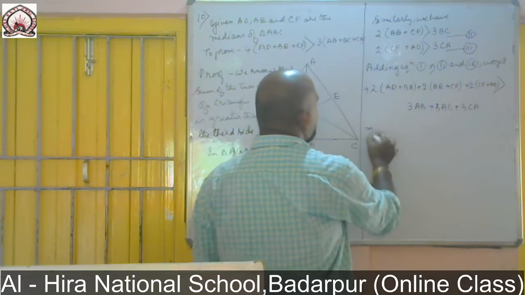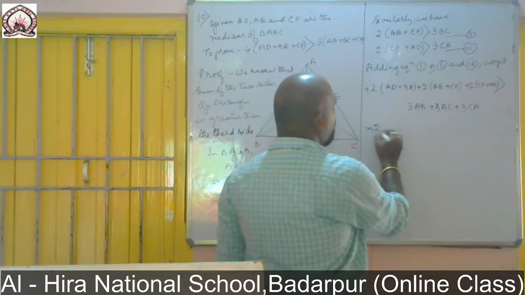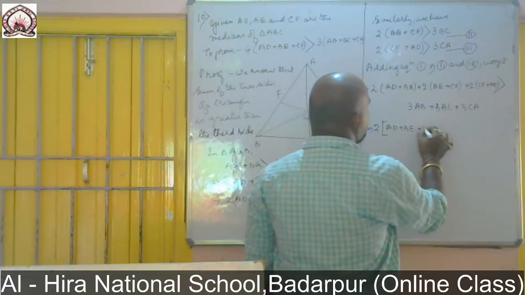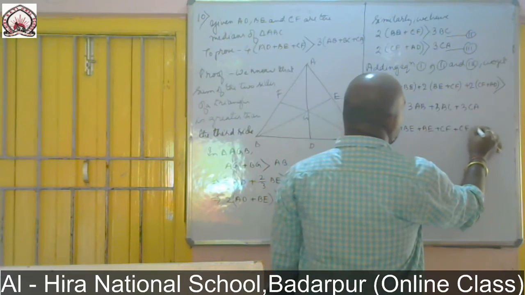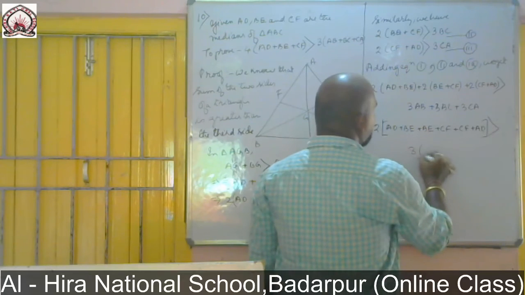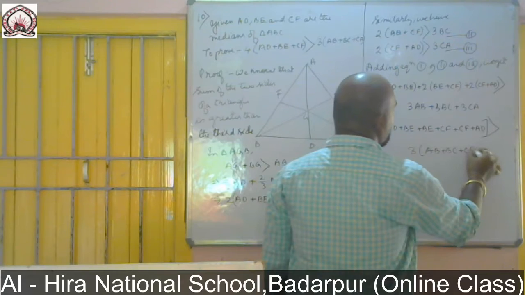Now, what can we take? We can take 2 common. Then AD plus BE plus BE plus CF plus CF plus AD is greater than 3 times of AB plus BC plus CA.